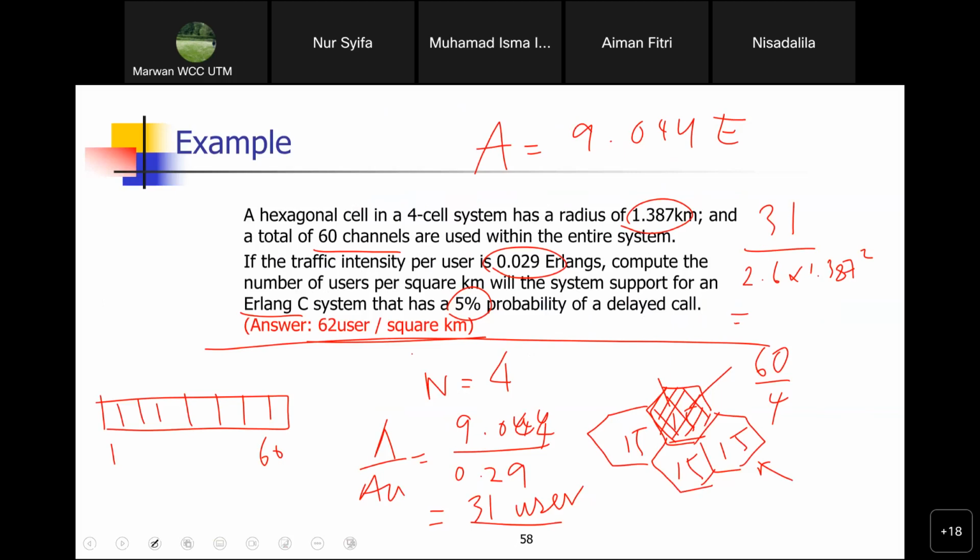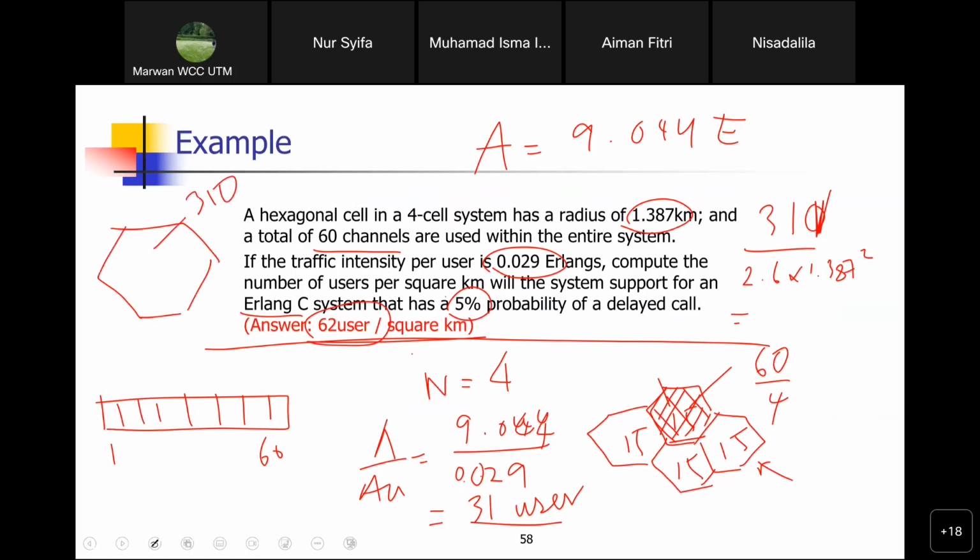Oh, sorry, 310. This is not 0.9, it is 0.029. 9.044 divided by 0.029. Okay, 311. So you will know within one cell over here, you can serve about 310.